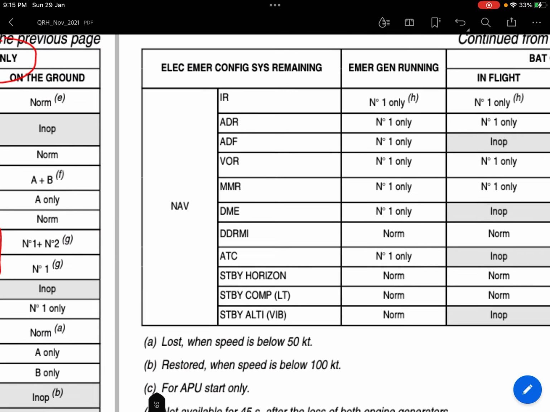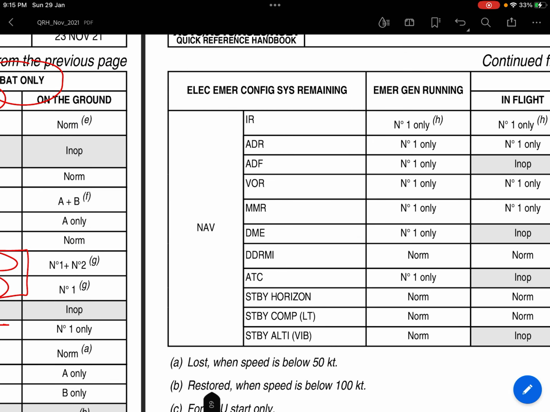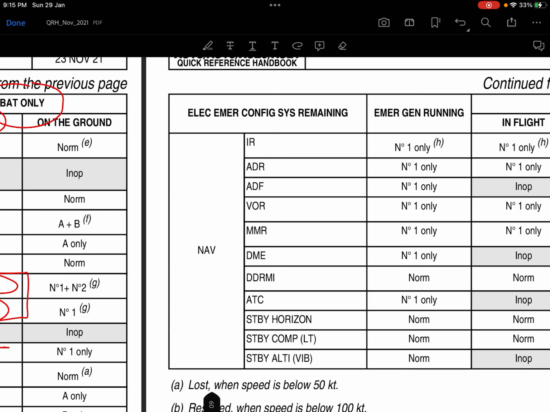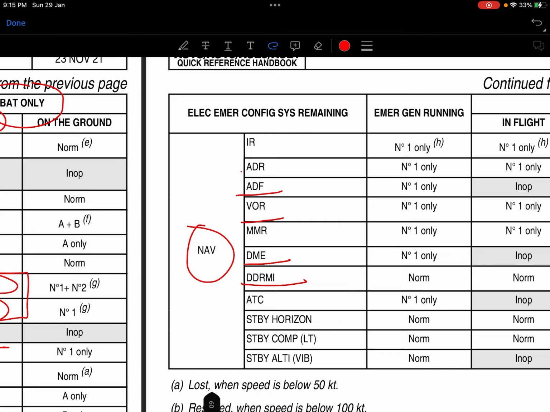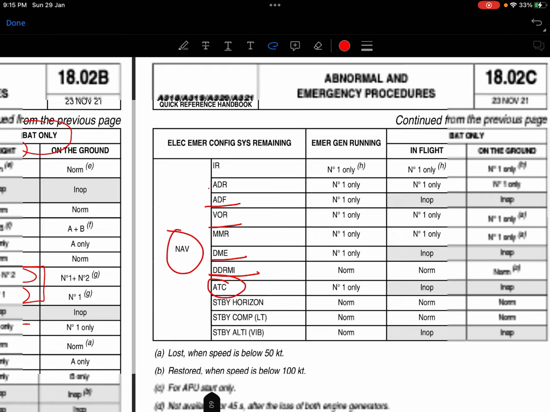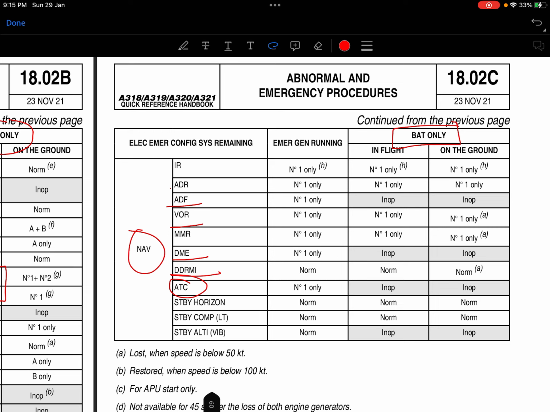Basically they are talking about these nav systems available: ADF, VOR, and DME or DDRMI, or transponder, right? So on batteries only in flight, what all are available? So is DME available, or is it inop?